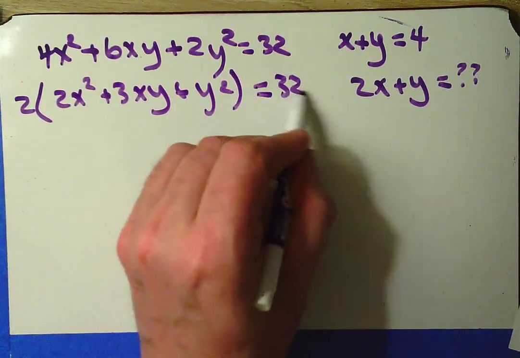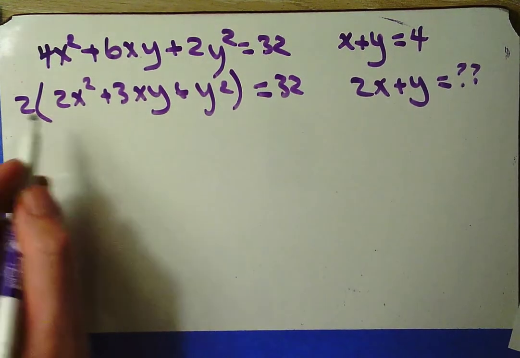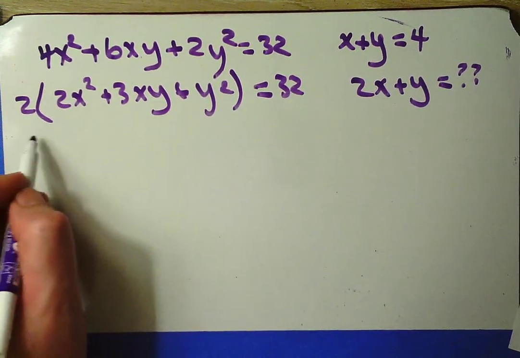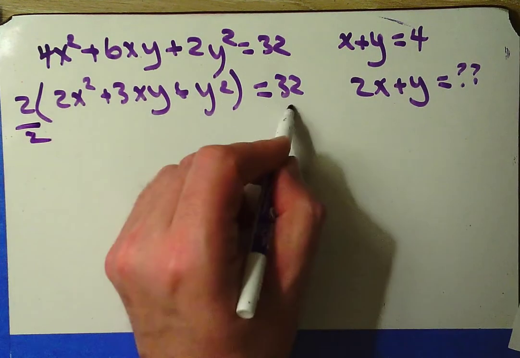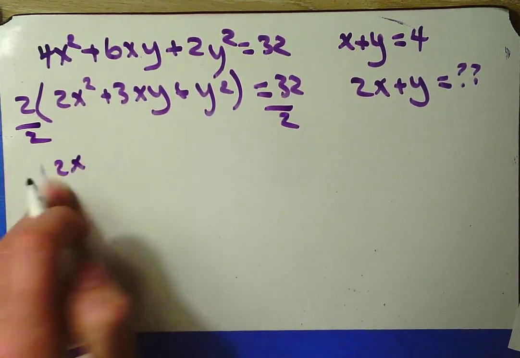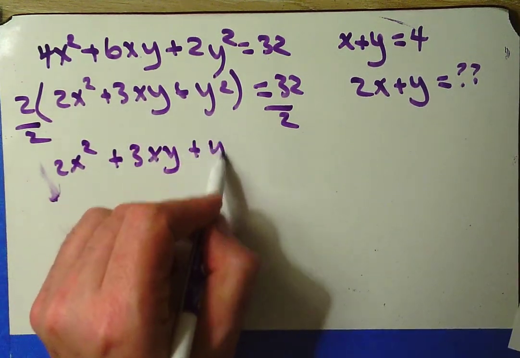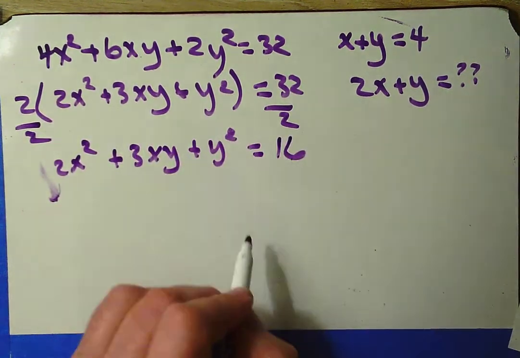I'm not doing anything with the 32 on the right. I guess I could divide both sides by 2. In fact, I'll do that. And I'll have 2x squared plus 3xy plus y squared equals 16.